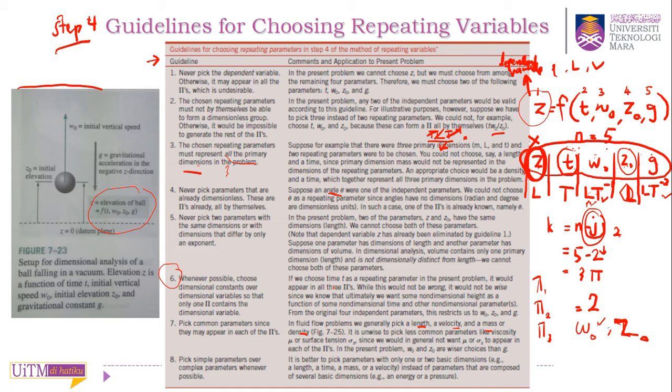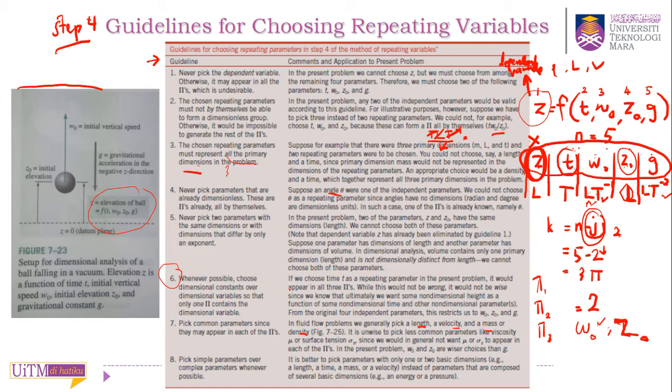If we choose T as a repeating parameter in the present problem, it would appear in all 3 pi. Pi 1 will have T, pi 2 when you write it will also have the T term, and pi 3 will also have T, because it is already in G, W and Z. So that's why we choose as in this guideline 6.